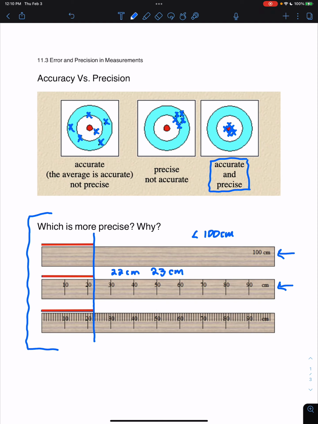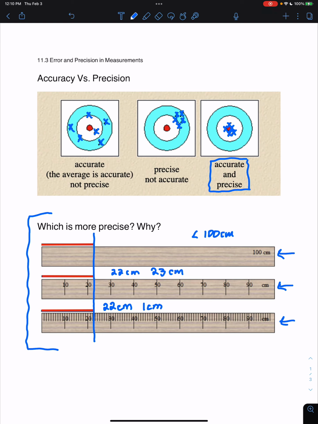Now, our last ruler here is actually the most precise because we can measure this to about 1 centimeter of precision, right? I would say this looks like 22 centimeters. I can measure to within 1 centimeter because I've got more division markers here.